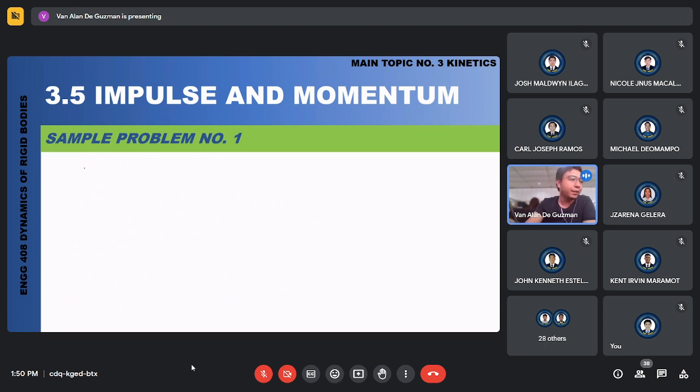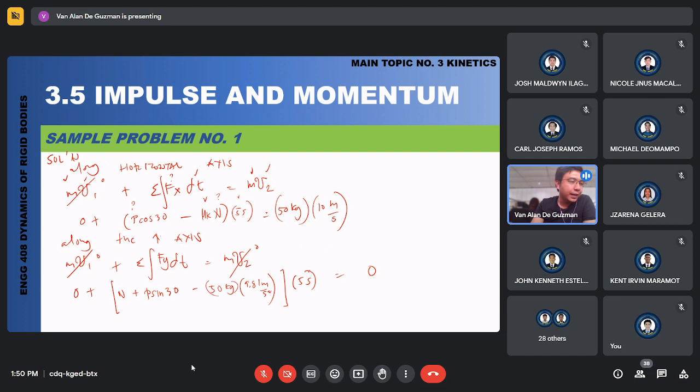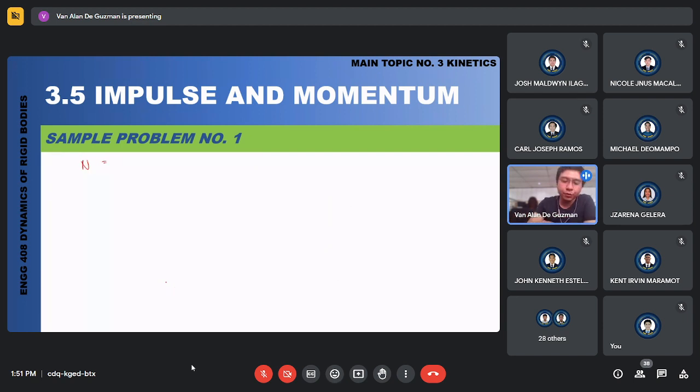So, simplifying that, we have simply N is equal to, since we can cancel out itong 5 seconds, sisimplify ko lang ito and transpose pa kabila. So, we have 50 times 9.81 minus P sine 30. So, handa po yung ating mga calculator. 50 times 9.81, that is 490.5, and this one is in newtons.